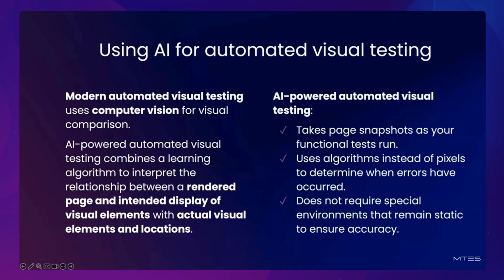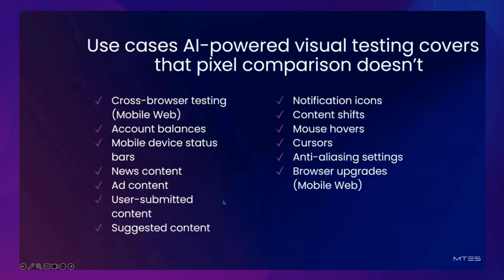AI-powered tools like Applitools allow different levels of smart comparison and have the ability to cover both static and dynamic content. Here are a few use cases that AI-powered visual testing covers that pixel comparison doesn't. And this may vary depending upon the type of application that you provide. But if you think about being able to validate cross-browser on a mobile platform, Chrome and Safari, trying to validate cross-environment testing with pixel comparison just will not be able to cover it due to the difference in rendering for those mobile web browsers.